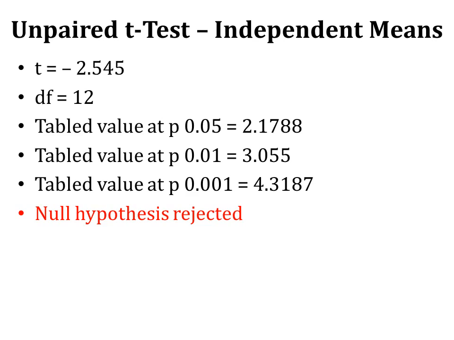So it means that we have rejected the null hypothesis because the difference between the mean values is significant, but this difference is not highly significant as our calculated value is less than the table value at probability 0.01, and there is no need to look for the next level of critical probability.